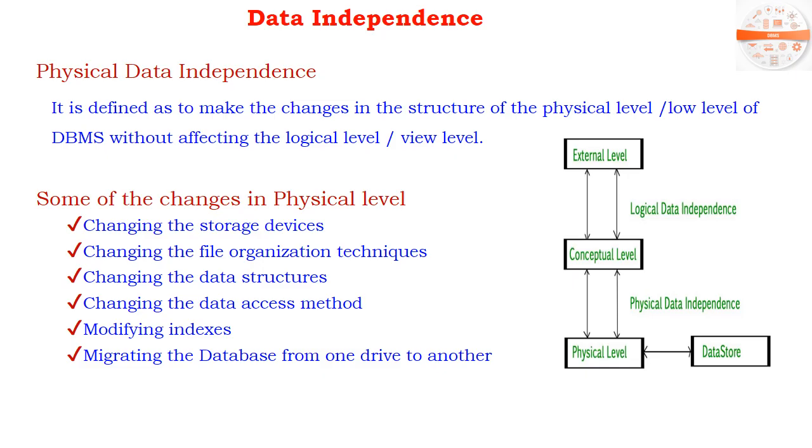Some changes we can do in the physical level: changing the storage device, changing the file organization technique, changing the data structure, changing the data access method, modifying indexes, migrating the database from one drive to another, without disturbing the other level. So we can do all these changes without affecting the logical level.